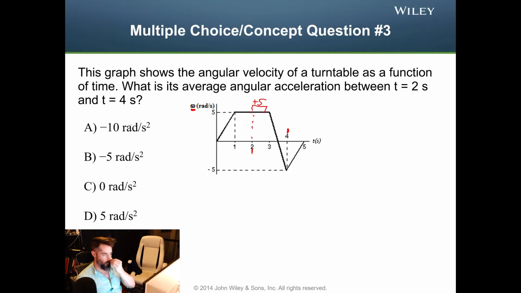We're looking at acceleration, so these are units of acceleration over here. So from 2 to 3, you have plus 5. When we look at 3 to 4, we can see that this drops -5 to be at the 0 point, and then it drops another -5.